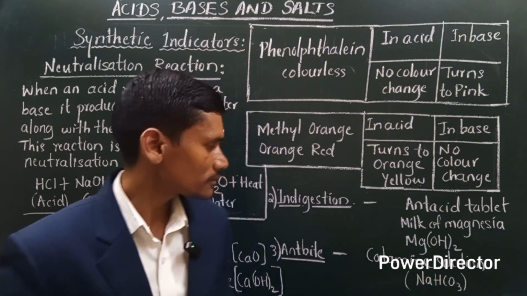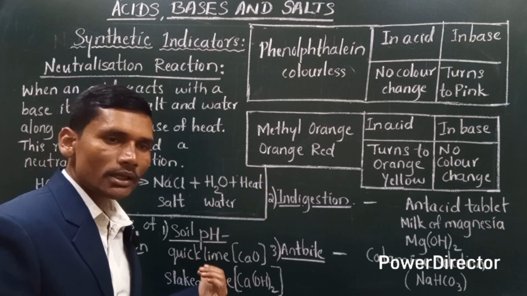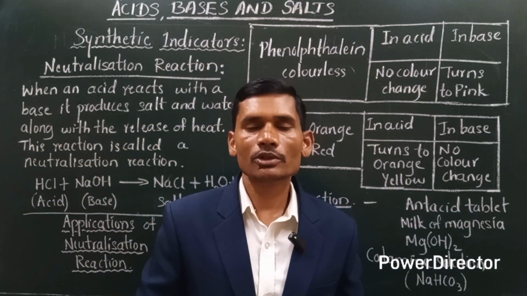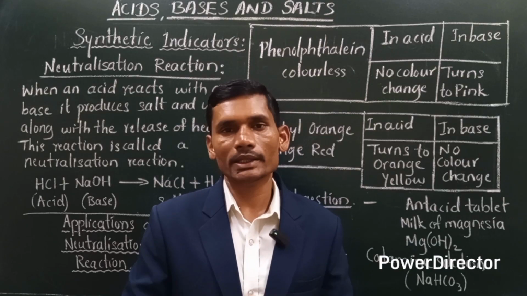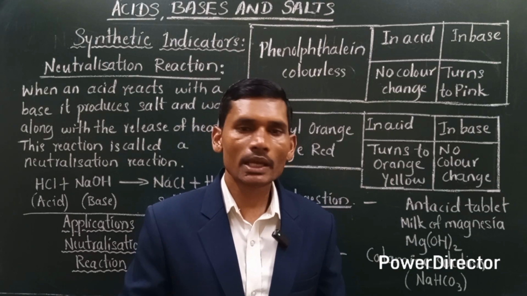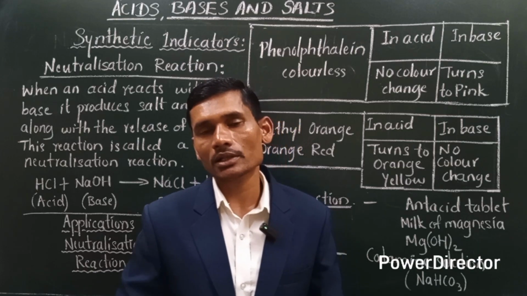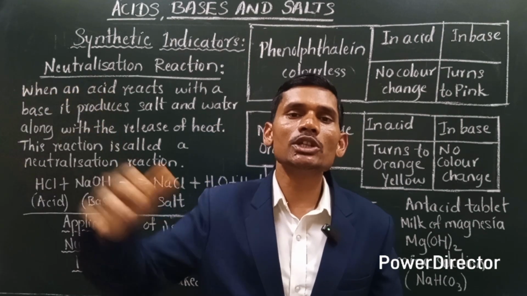Next, coming to soil pH. Soil pH means what? Sometimes crops will not be able to grow properly there, because of excess use of fertilizers. So many fertilizers they are using. As a result, there is an increase in the acidity of the soil.